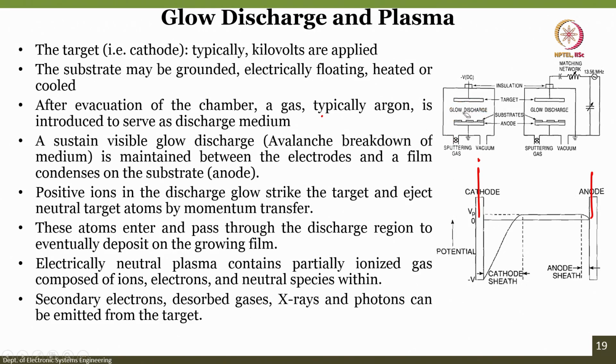The neutral target atoms will start dislodging, and they will form the layers on the substrate. That is what it means. Discharge glow ions strike the target, eject neutral target atoms by momentum transfer, and these pass through the discharge region to deposit the film on the substrate.